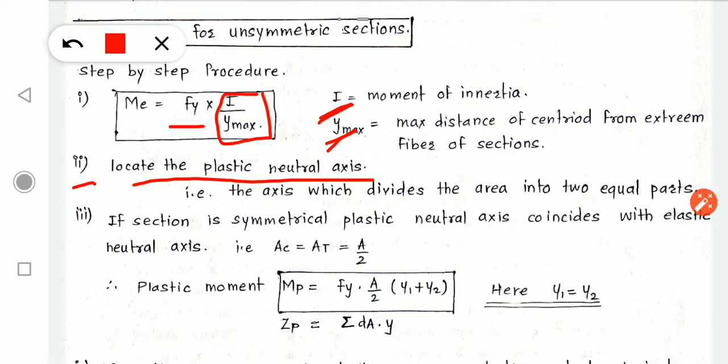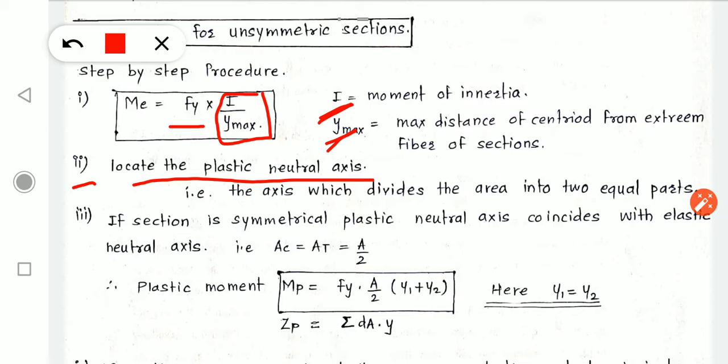Now the second step is to locate the plastic neutral axis. Locating the plastic neutral axis is very important, because while you are solving symmetrical sections, it is okay. You will not need to identify it exactly, because it is a symmetrical section and the axis will cut the area into symmetrical parts, right? Let's suppose a rectangle.